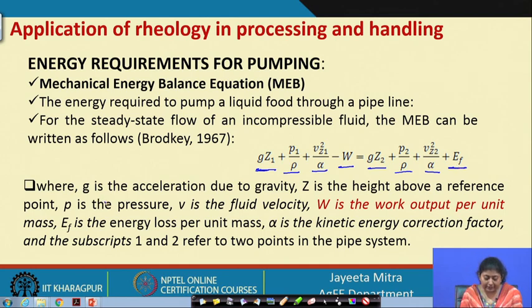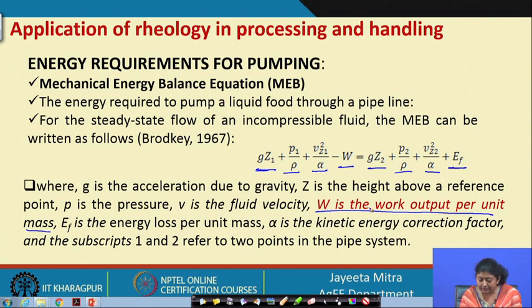So, g is the acceleration due to gravity, z is the height above a reference point. So, above a reference point z, we need to see point 1 and point 2 where the elevations are, to measure the potential energy changes. P is the pressure, again P1 by rho, P2 by rho, rho is constant because of incompressible fluid. V is the fluid velocity. Now, W is the work output per unit mass.